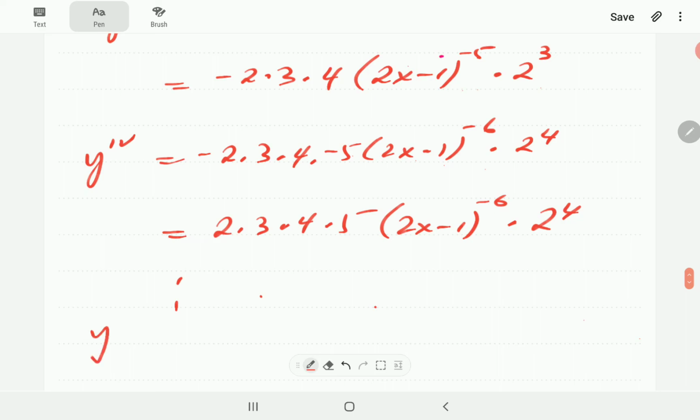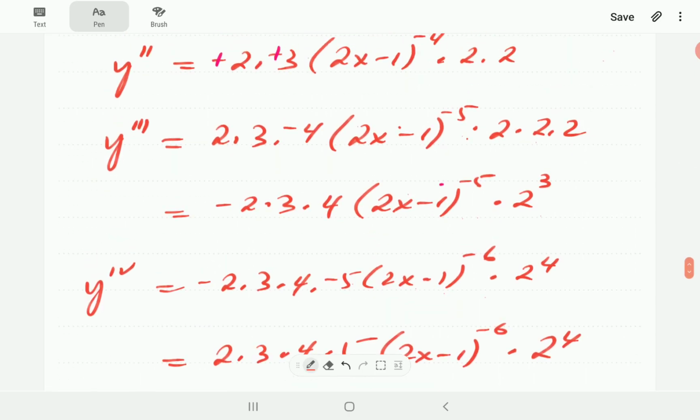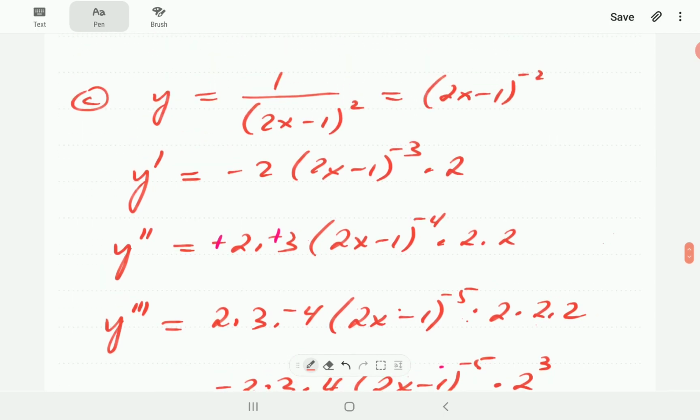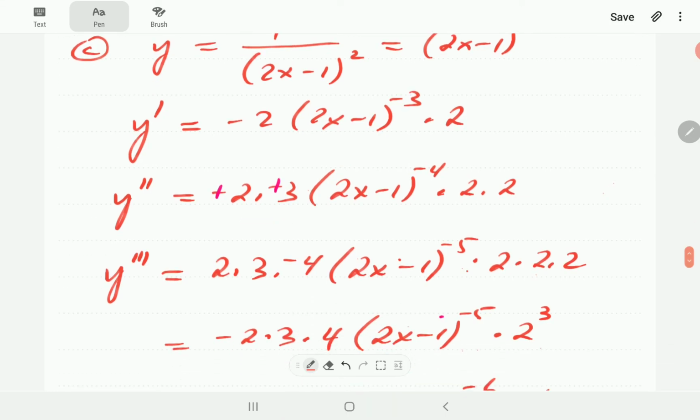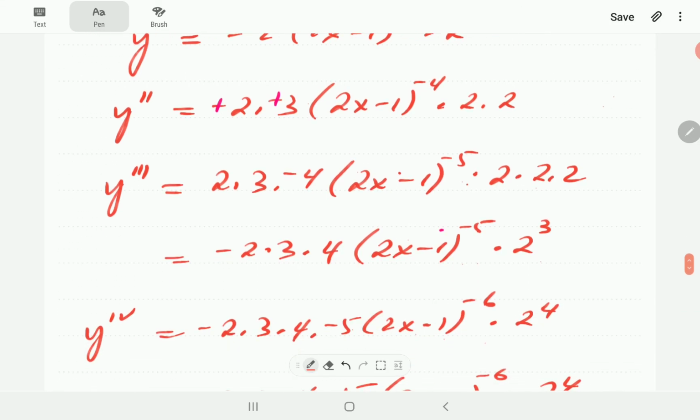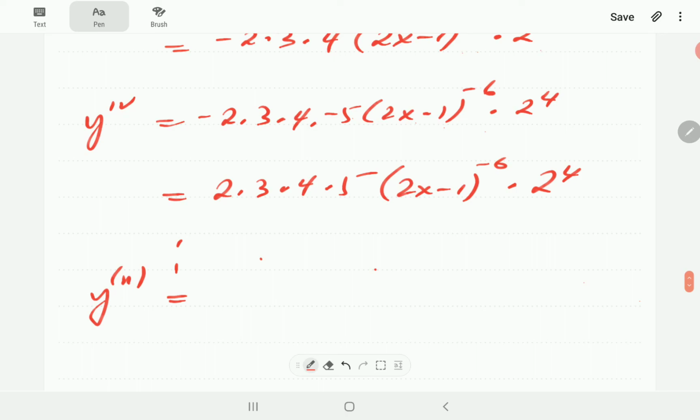So we now want to generalize this. We're going to start by looking at the sign. The sign for the first derivative is negative. For the second derivative, it's positive. For the third derivative, it's negative. For the fourth derivative, it's positive.